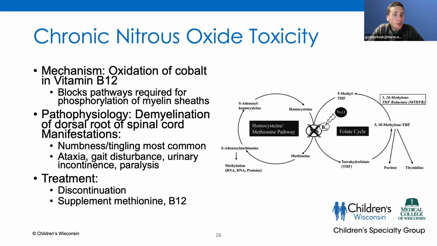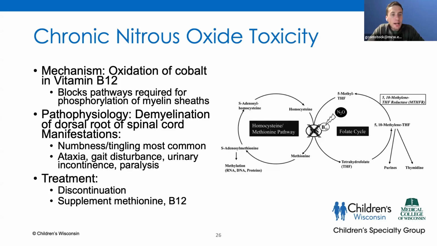The treatment, the only thing that we have evidence for, or can say with confidence is the right thing to do, is to stop using nitrous oxide. However, there are recommendations to try to supplement these dysfunctional vitamins and other molecules as best you can to reconstitute the action of these processes.